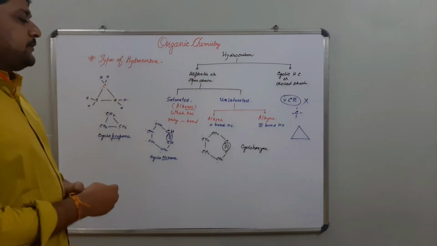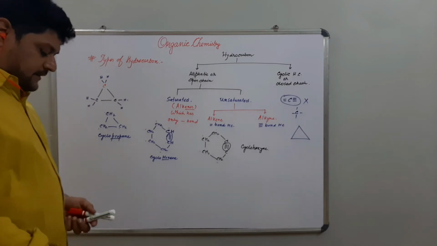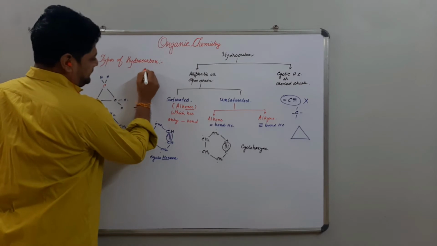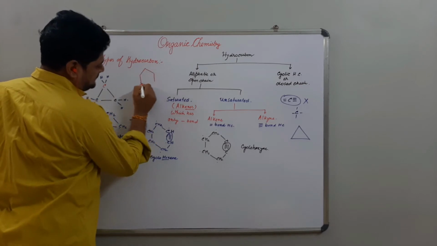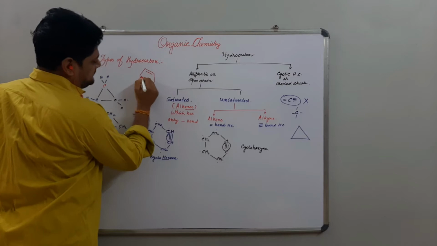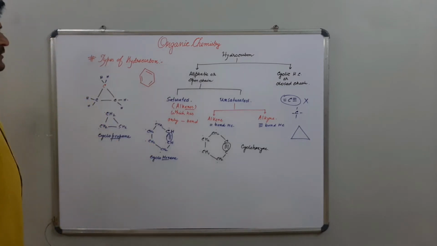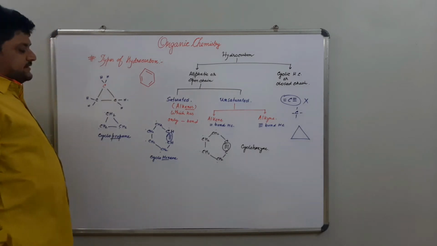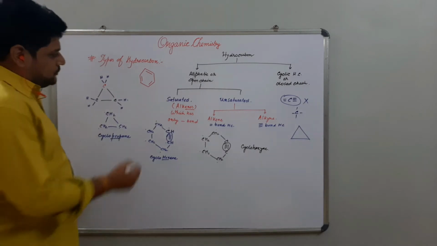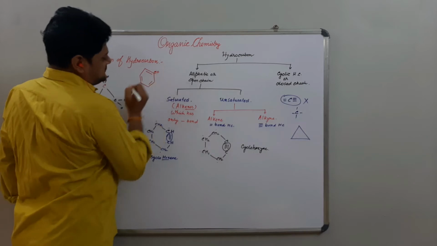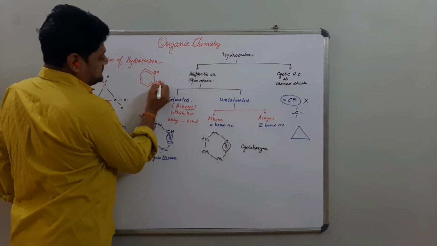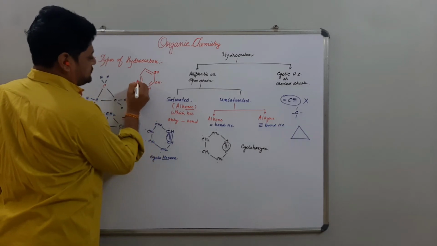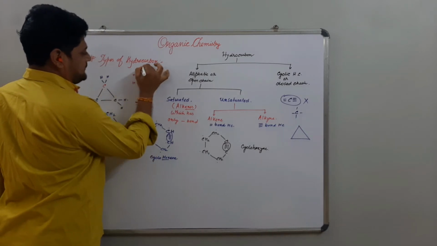Now one thing we have to know is that benzene is a very important structural formula. The structure of benzene is like this: three double bonds and three single bonds are present over there. So the structure of benzene is CH, CH, CH, CH, CH and CH.